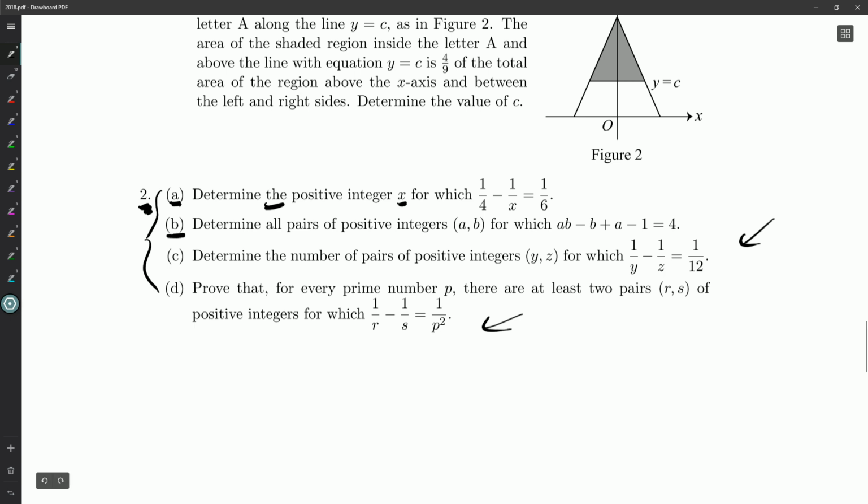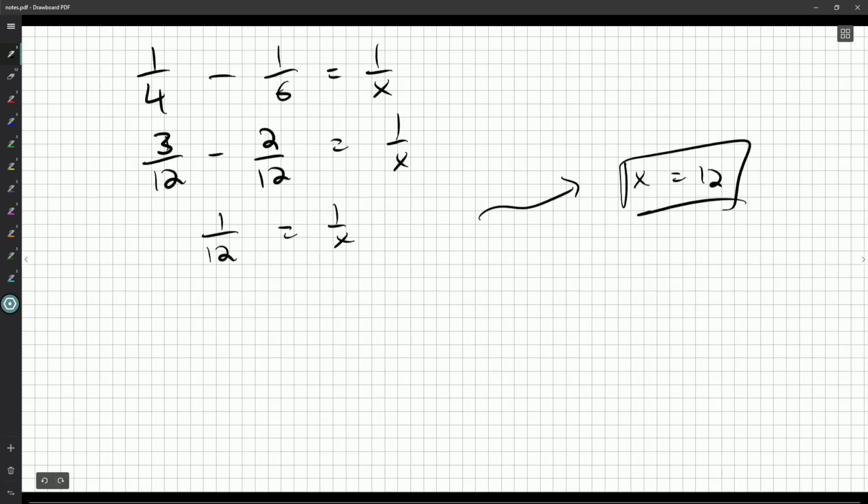All right, B part. This appears to be the only one that doesn't have fractions, but that's okay. Determine all pairs of positive integers a, b, for which ab minus b plus a minus 1 equals 4. Well, it's a highly regular looking expression.